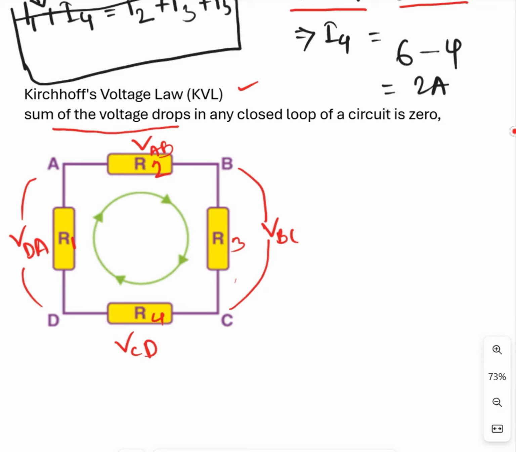By the law of KVL, the sum of voltage drops in the closed loop of this circuit is 0. It means that VAB plus VBC plus VCD plus VDA is equal to 0.